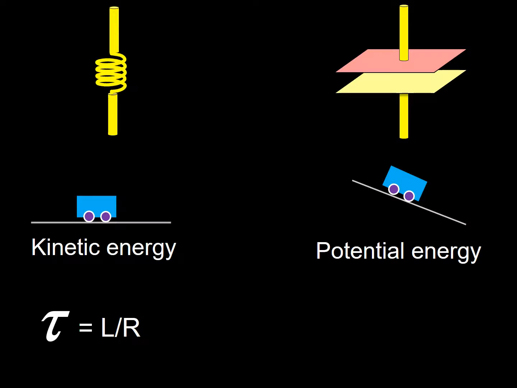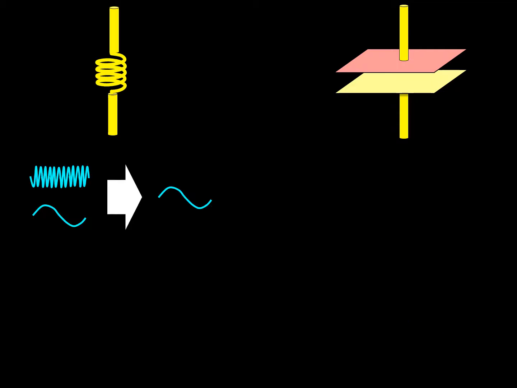The formula to determine the time constant of an inductor is inductance divided by resistance. The formula to determine the time constant of a capacitor is capacitance times resistance. An inductor allows a slow wave to go through.